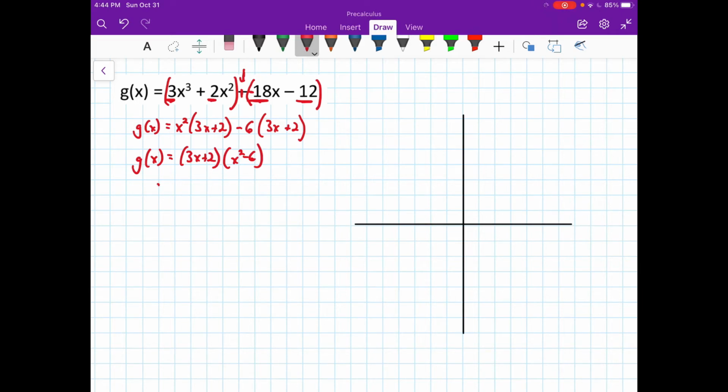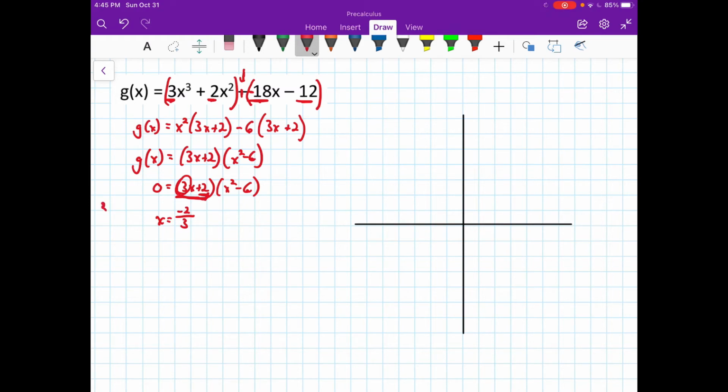So we want to set these equal to 0. And we want to solve both of these. We learned from this earlier. I taught you that we can take the opposite of the constant, which is negative 2. So x equals negative 2 over this number.